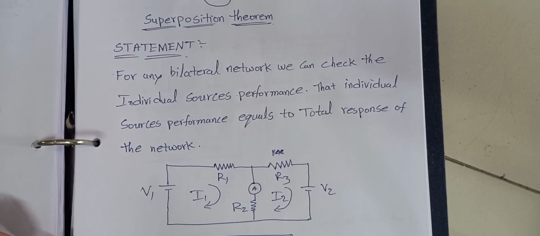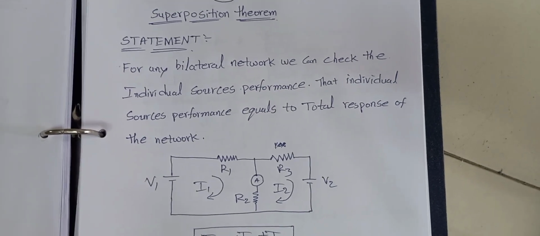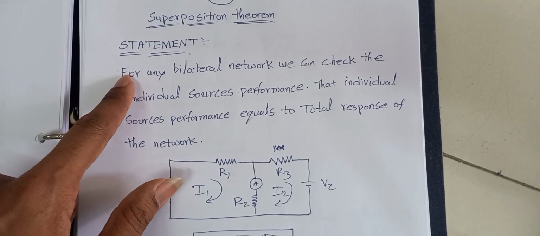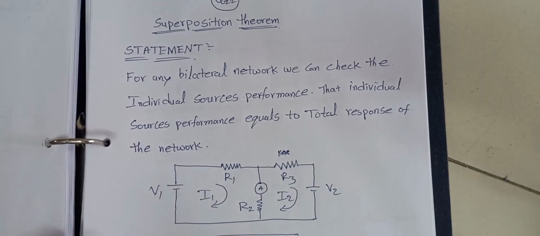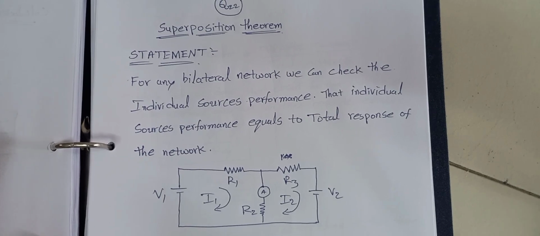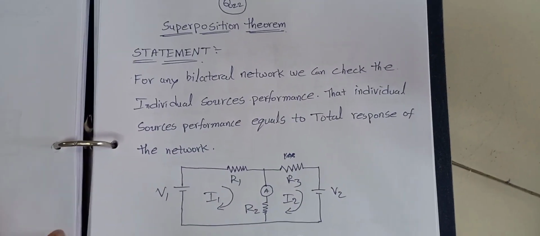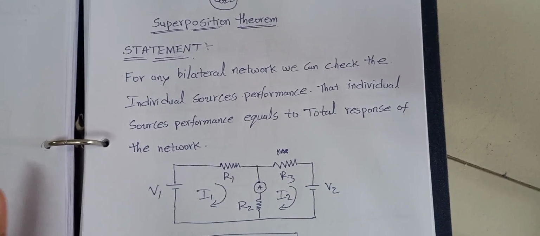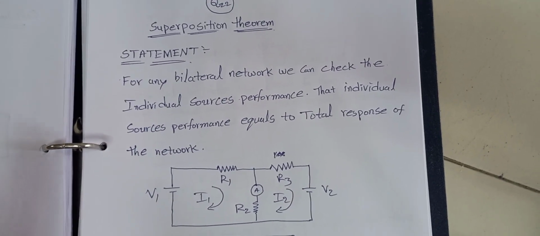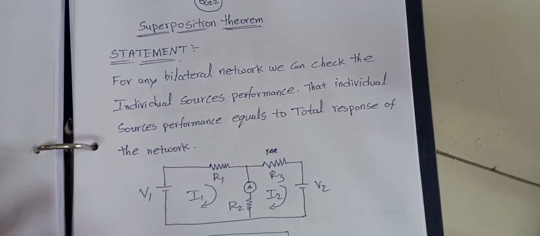Otherwise we are not calculating individual sources. For Thevenin's and Norton's theorems there is no need for a bilateral network, but for the superposition theorem a bilateral network is mandatory. Bilateral means at least two or more sources.